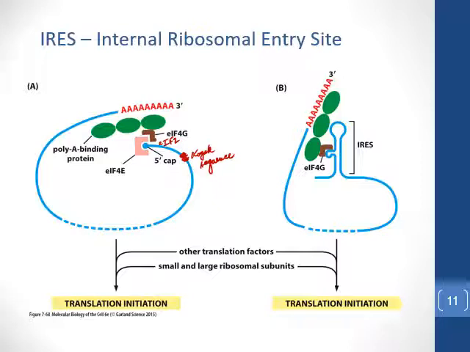But here's the thing. Some mRNAs contain what's called an IRES, and IRES stands for internal ribosome entry site.